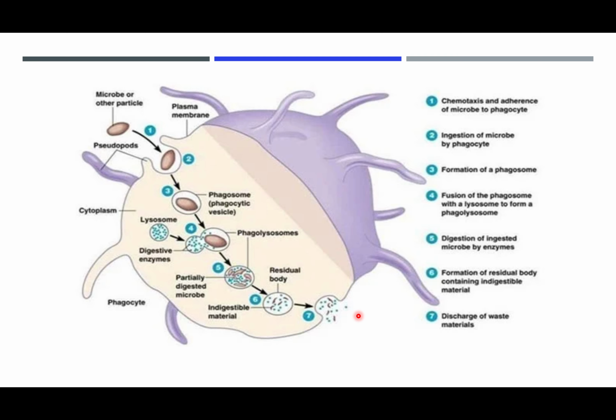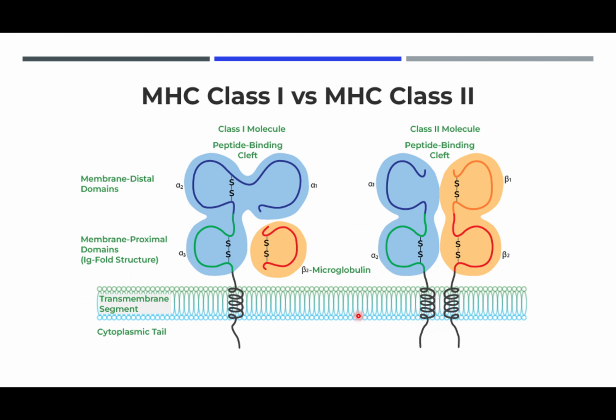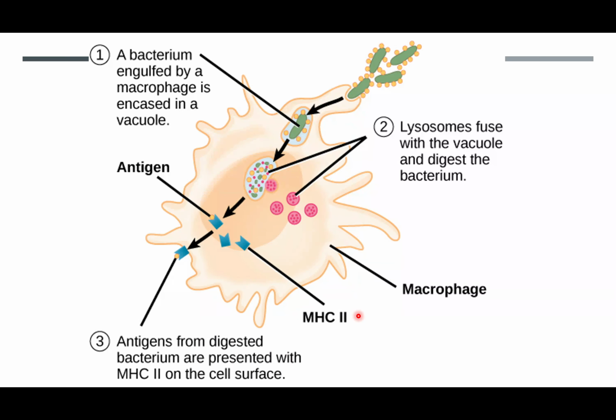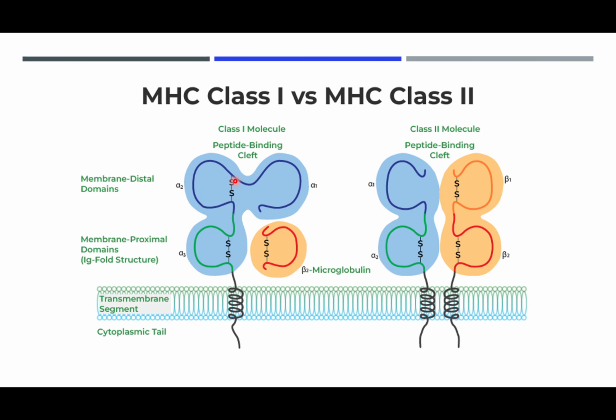All right. So now we're going to have antigen presentation. We have what we call MHC class 1, and once the antigen binds to the complex, we have MHC class 2, the major histocompatibility complex. This is what a major histocompatibility complex is.